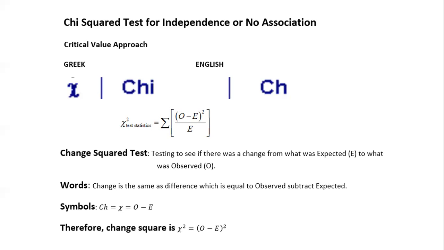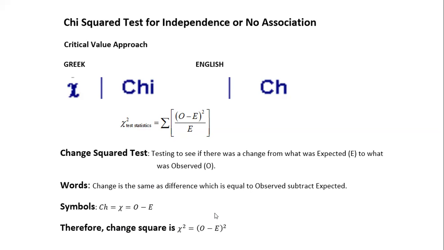test whether or not there was a change from what was expected to what was observed. As a nickname, you can call it the change squared test. In words, change is the same as difference, which is equal to observed subtract expected. Symbolically, chi is the symbol for O minus E, and therefore the change squared is equal to chi square, which is O minus E all squared.